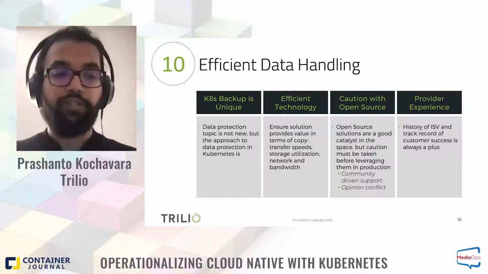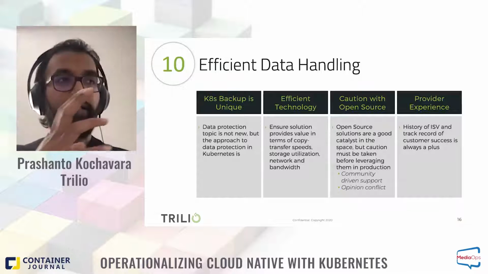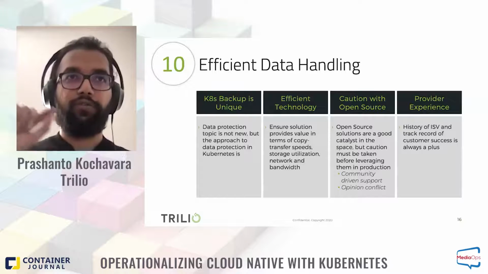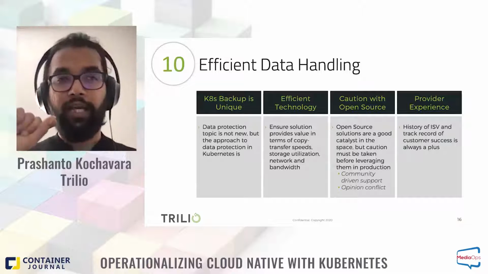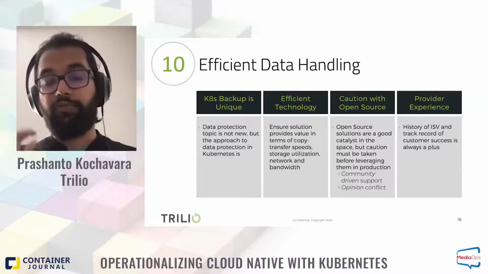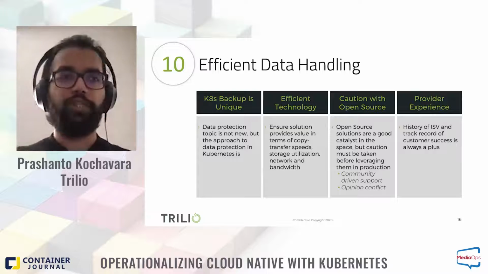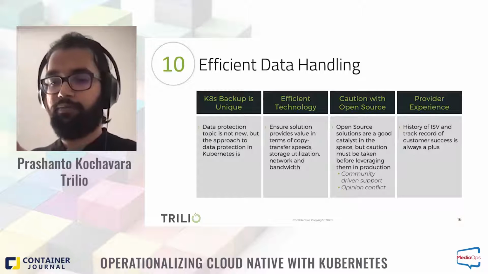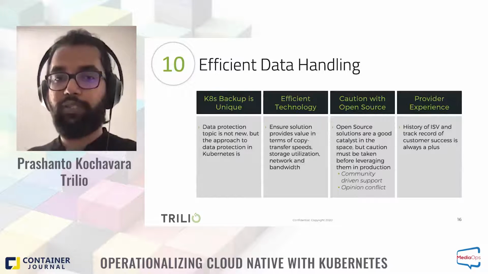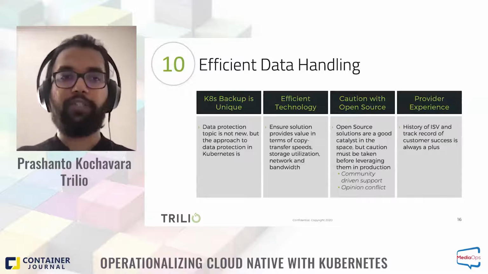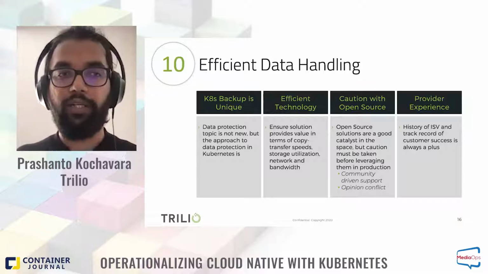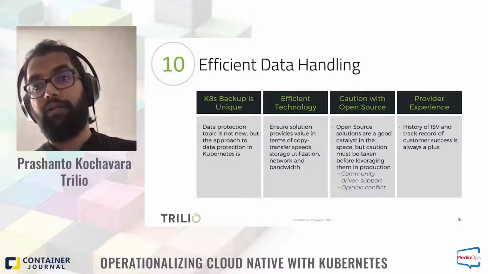So you want items like deduplication, change block tracking, where only a minimal amount of changed data is sent over, so that you're not only saving capacity for storing the data, but also from a network perspective you're sending a lesser amount of data and your backups can complete faster.